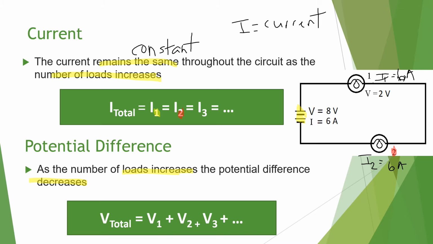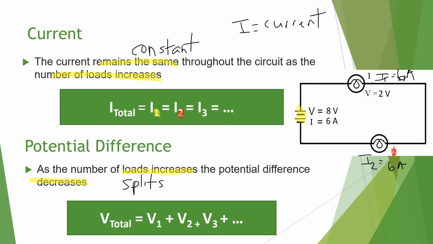We like to say that the potential difference, or the voltage, splits, depending on the number of loads. With this formula, you see V total, the total voltage at the energy source, the battery, is equal to voltage at load 1 plus voltage at load 2 plus voltage at load 3. So the voltage splits between the number of loads.